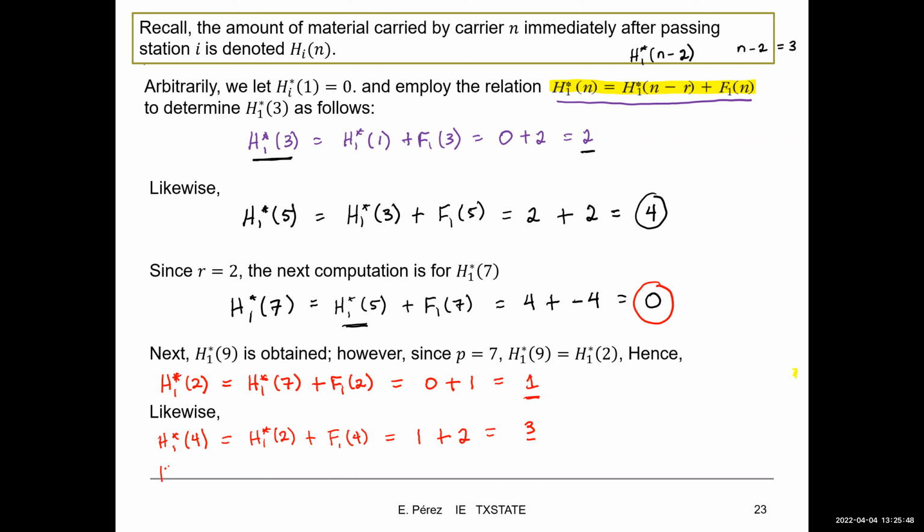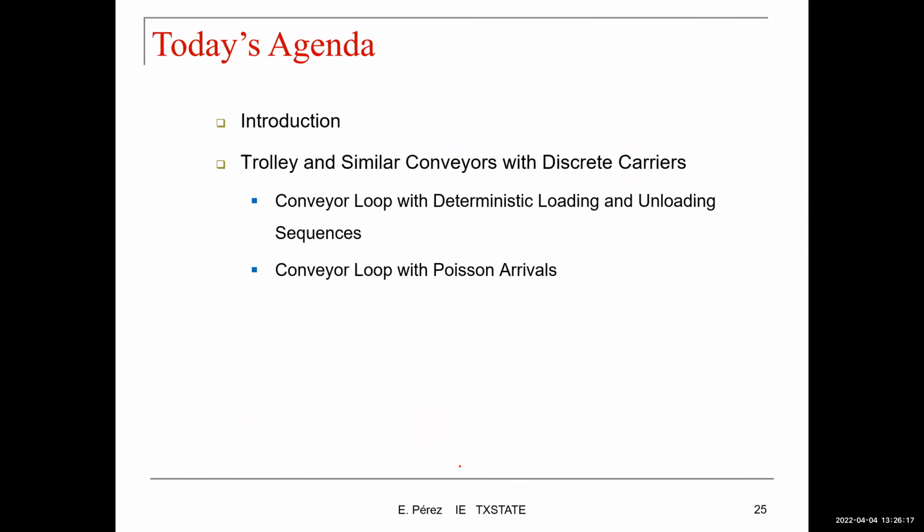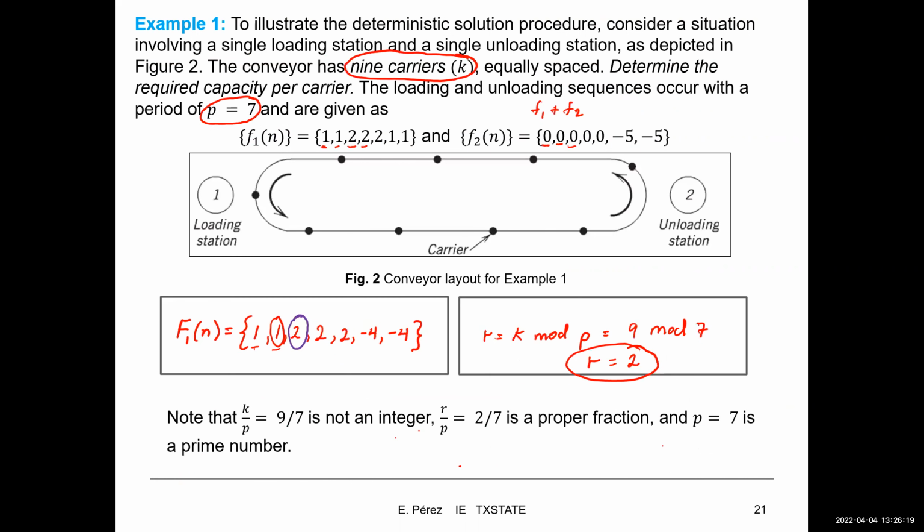So H1 star of 6 will be equal to H1 star of 4 plus F1 of 6. This will be equal to 3 because of this, plus 6 here.